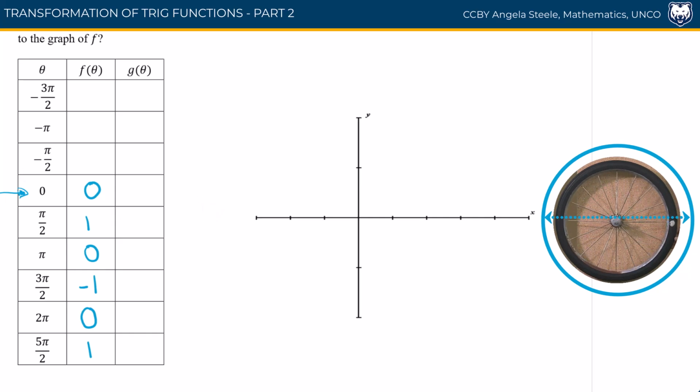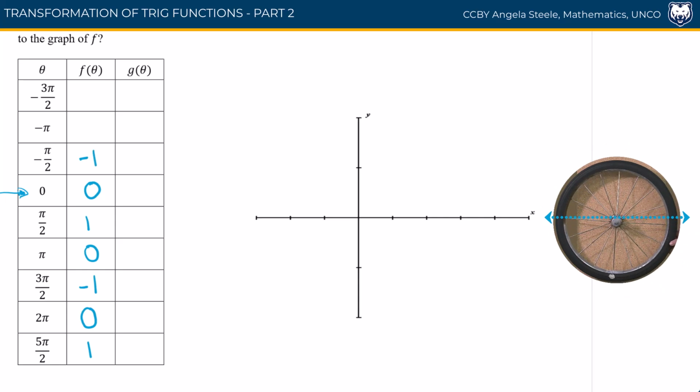So we're going clockwise 90 degrees, or pi over 2, which means we are 1 unit below the horizontal line. Negative pi, or negative 180 degrees, brings us to our 9 o'clock position, which means we are at 0. And this brings us all the way to our 12 o'clock position, which means we are 1 unit above.